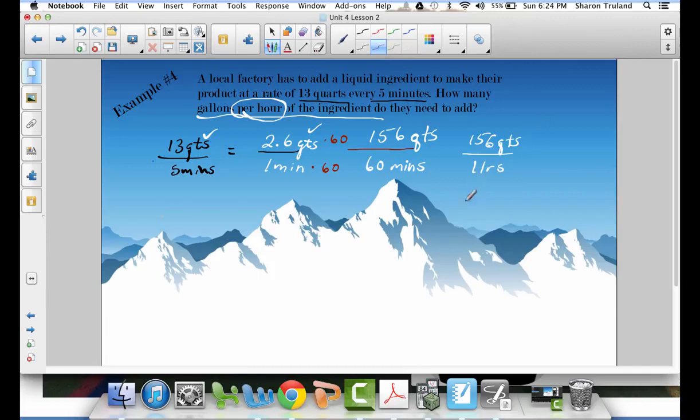So I'm going to have to take this 156 and divide it by 4 to figure out how many gallons are in there. Let's see, 4 goes into 15 3 times, which would give me 12, 3, 4 goes into 36 9 times. So I need 39 gallons per hour.